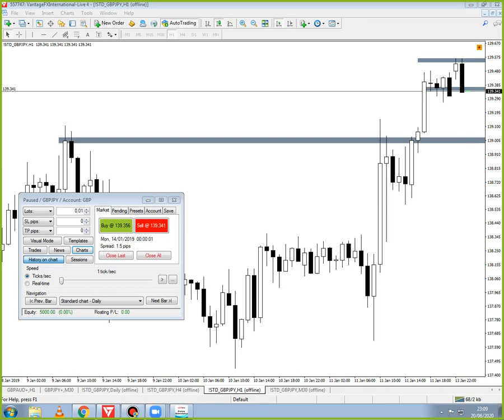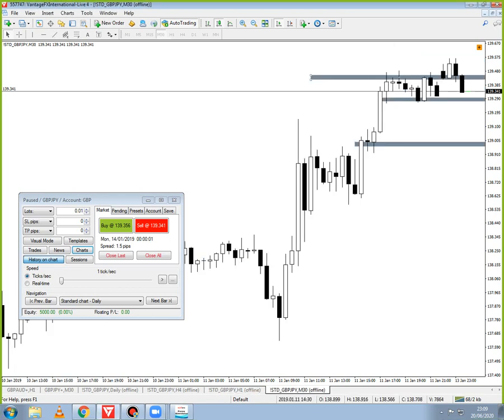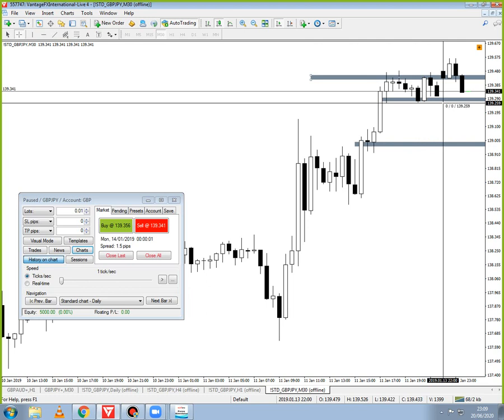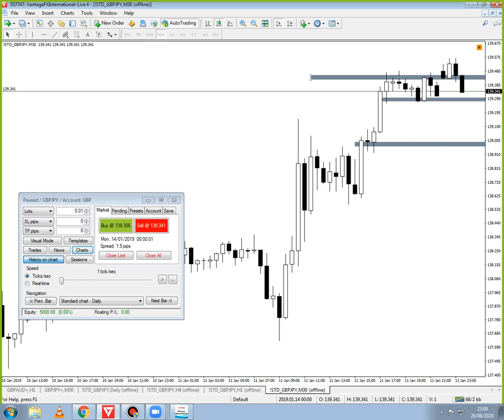So if we go down to the 30-minute, once we break this area here, I'll be looking to take a sell with maybe stops in the middle of the range, or maybe above this current 30-minute that's about to open.